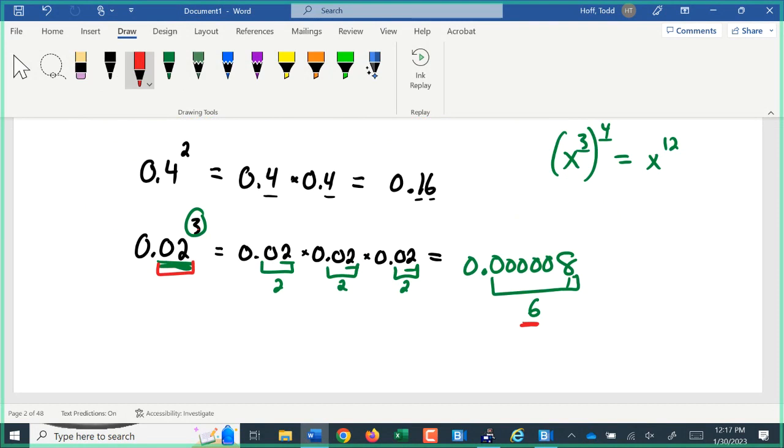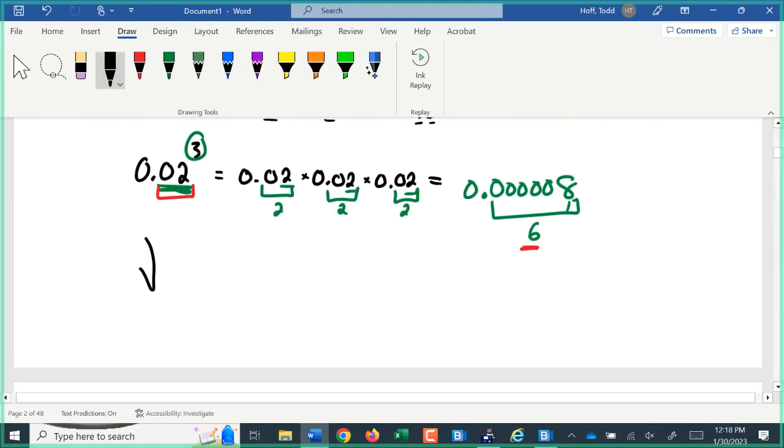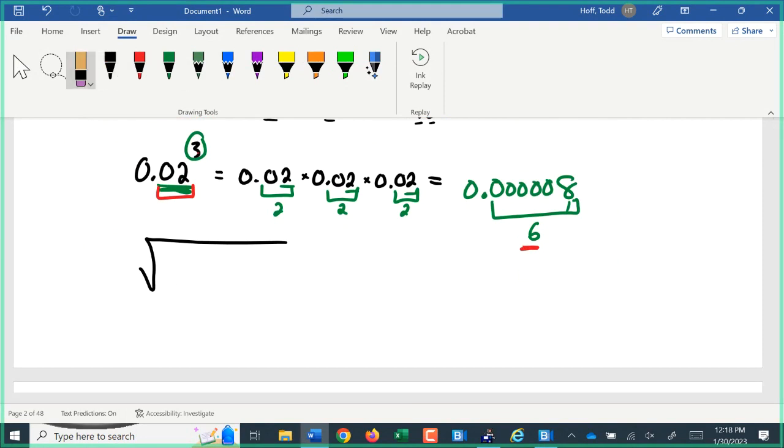What that means is going the other direction during a root. If I have something like the square root of 2.5, at first glance it looks like, well, that's easy enough. We can do that. But the problem is when the square root is asking us to do the reverse of squaring something.